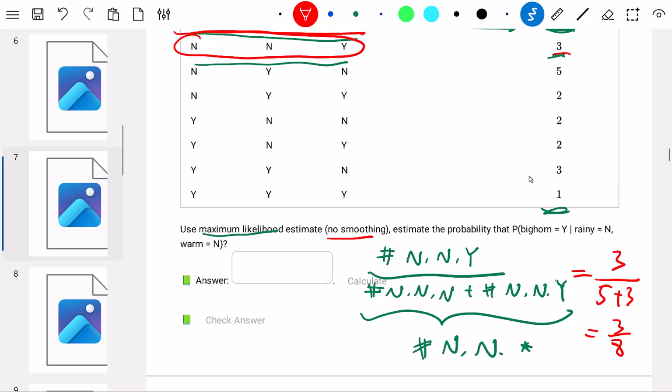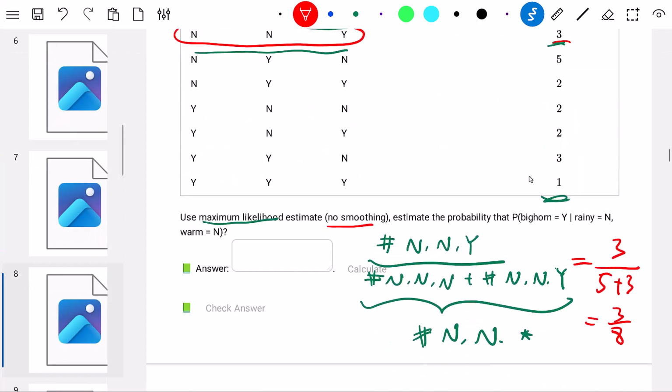Again, if we do Laplace smoothing, then we add 1 on the top and add 2 on the bottom, because there are 2 possible values for bighorn. So that's this.